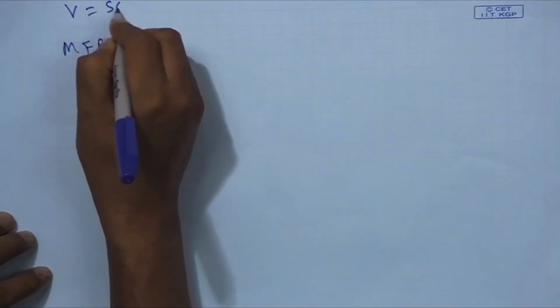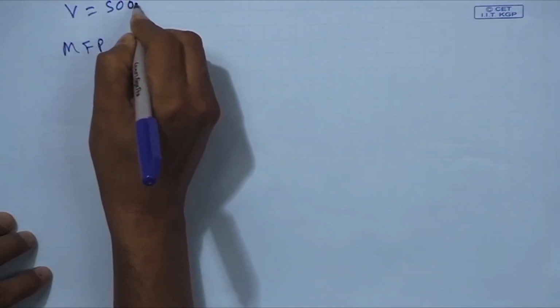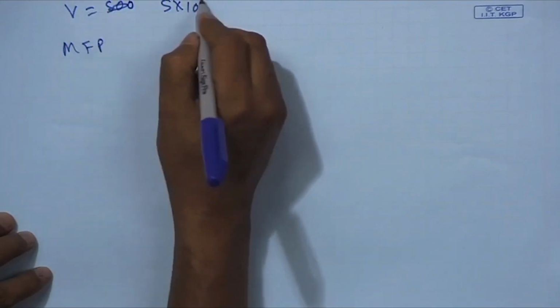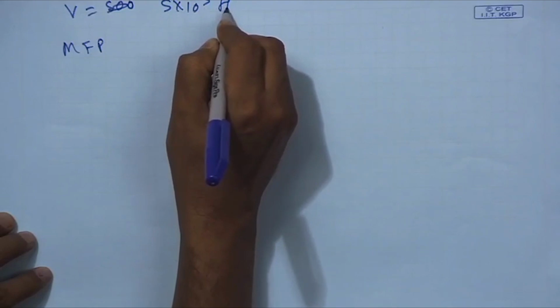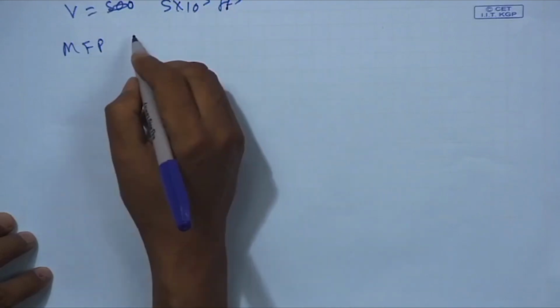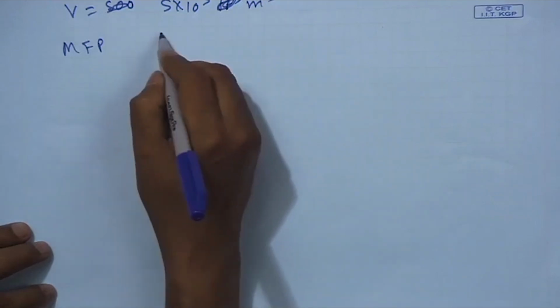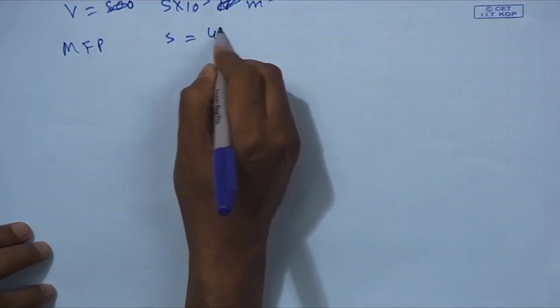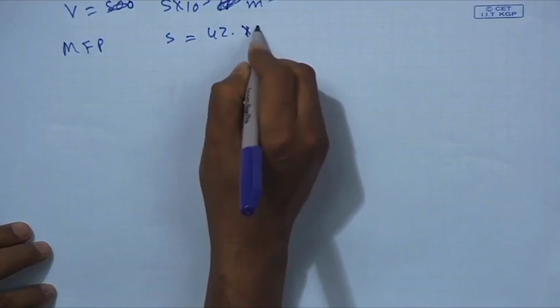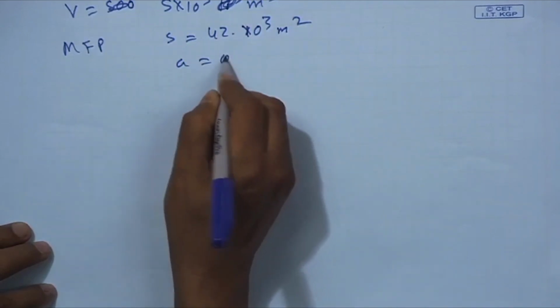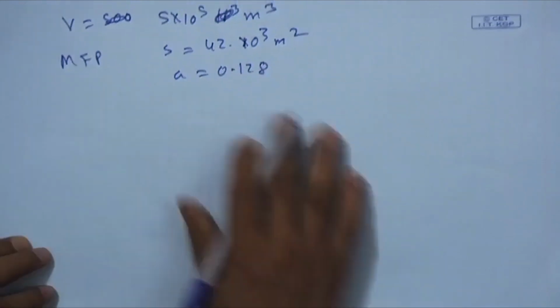V is 5 into 10 to the power 5 meter cube, and S is equal to 42 into 10 to the power 3 meter square, and A is equal to 0.128.